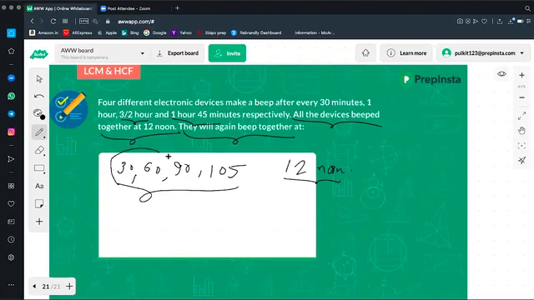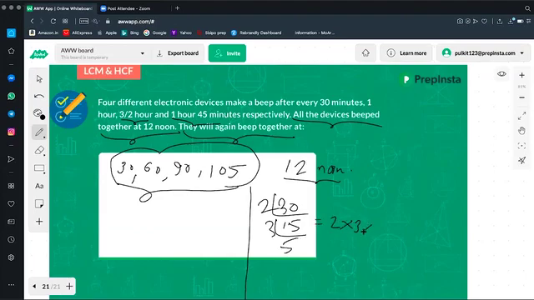So if you were very thorough with the types that I taught, what do we need to find here? LCM or HCF? Okay. So let me again help you finding the LCM here, right? So people who were confused. For 30, the factorization is 2 into 3 into 5. For 60, it would be 2 square into 3 into 5.